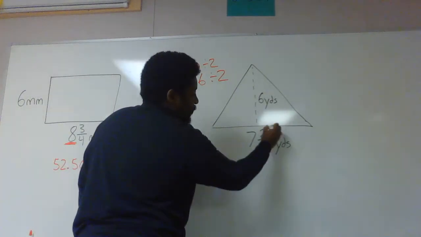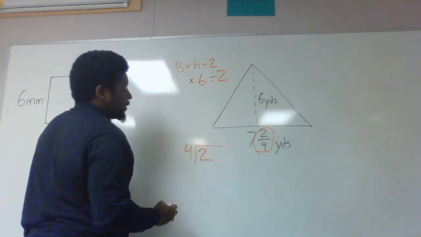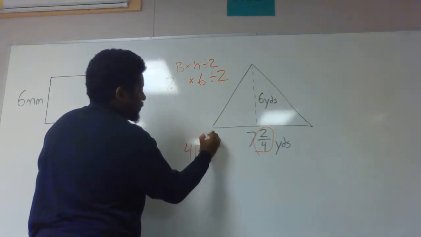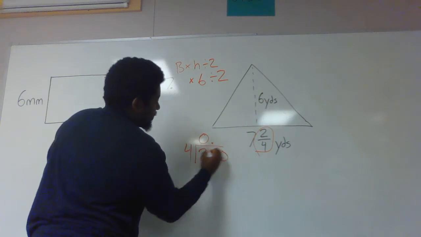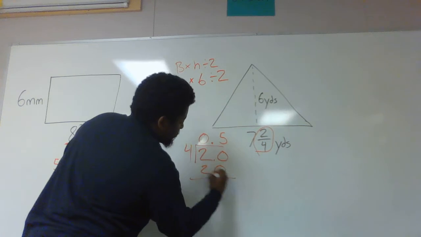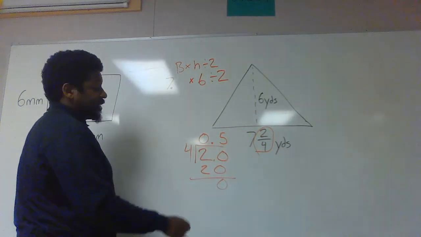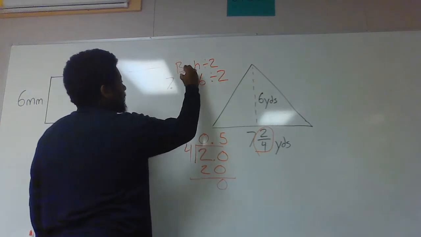Let's find out what 2/4 is. Top in, bottom out. 4 does not go into 2. 4 goes into 25 times, which makes 20, so I'm done. 7 2/4 is actually 7.5.